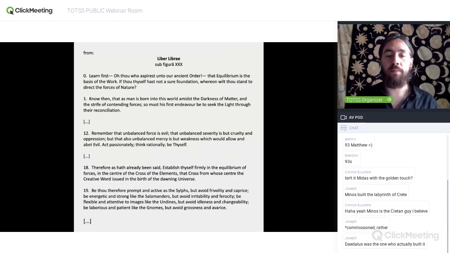But if unbalanced, they become frivolous and capricious, and so you avoid those qualities. So not just balancing by developing all four, but developing each one on its own in a balanced way. So we can see balance at all different scales or layers of resolution, I guess you could say.